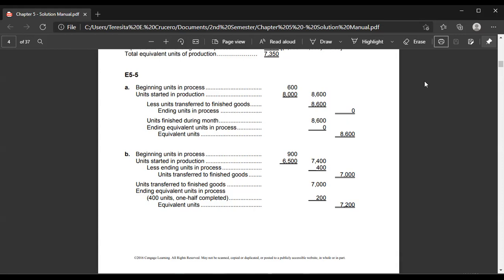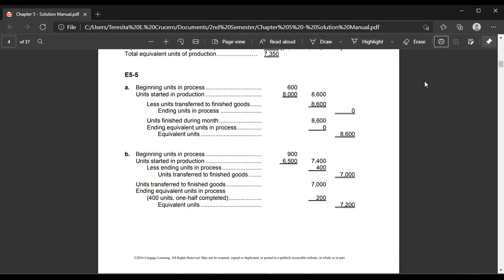So I'll repeat, we have the units to be accounted for. The units to be accounted for is the sum of the beginning inventory and those just started. So beginning inventory and just started equals total units to be accounted for. Now, the total units to be accounted for should equal the units accounted for. And the units accounted for is the sum of the units completed and the in process at the end.